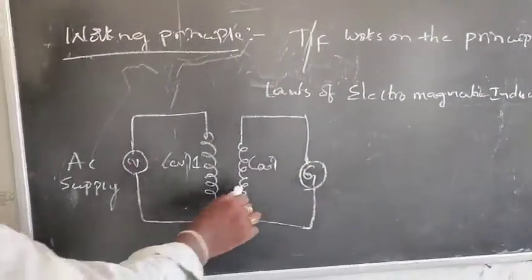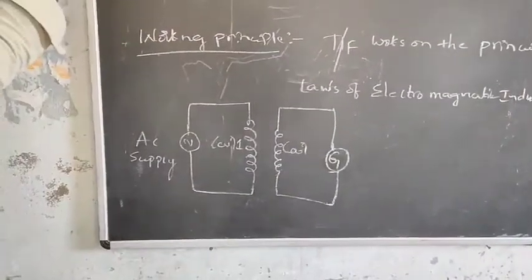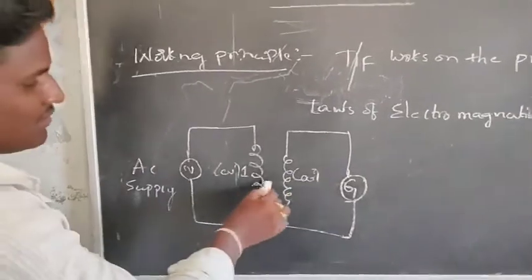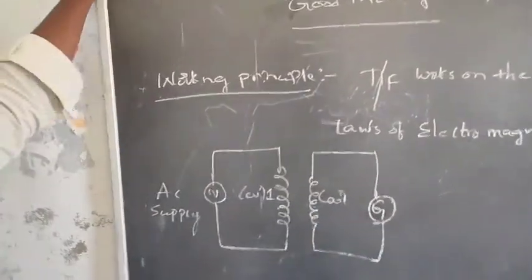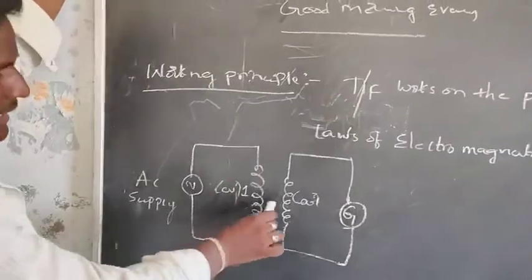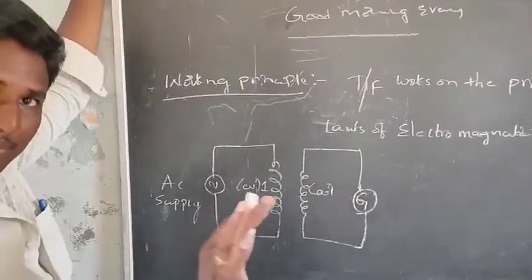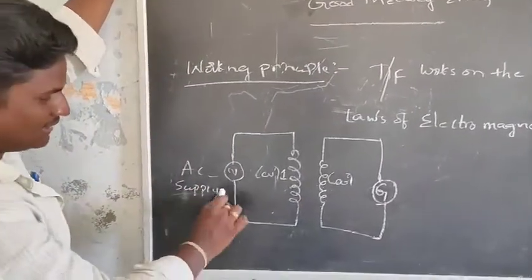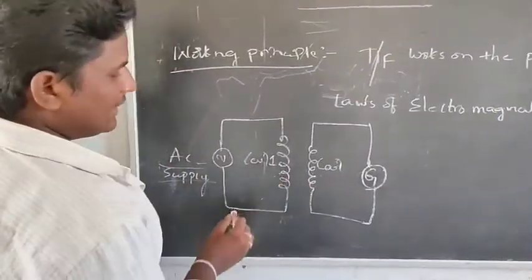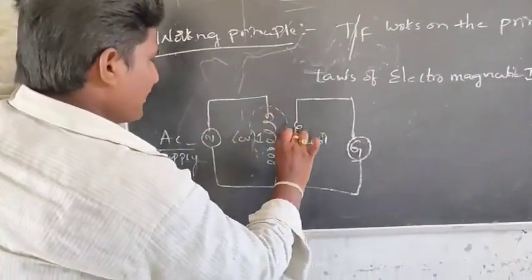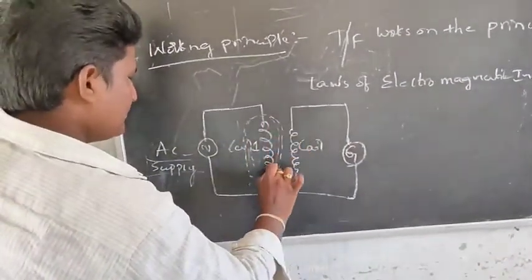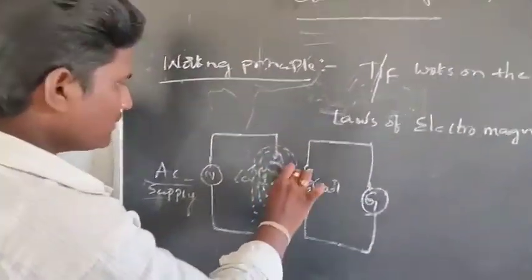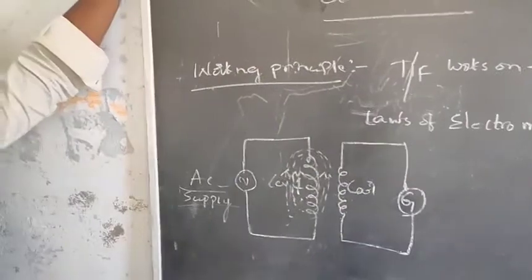These two coils are electrically separated, that means there is no physical connection between coil 1 and coil 2. They are electrically separated but magnetically coupled. AC supply is given to this one, so it acts as a magnet, and the flux is linked with coil 1.